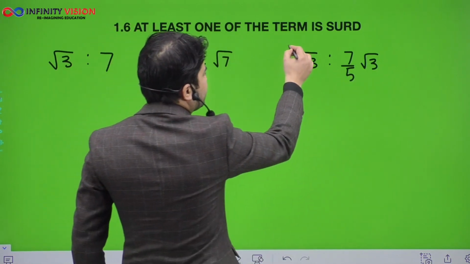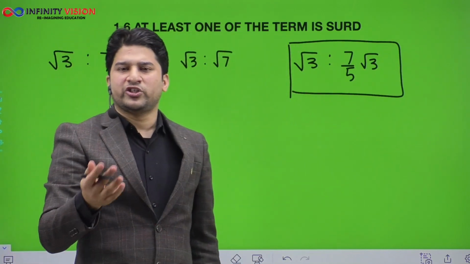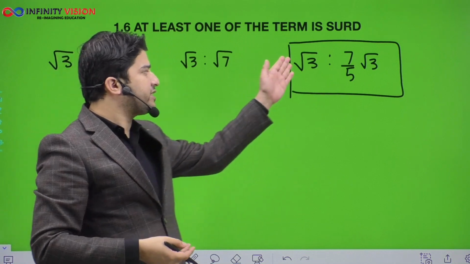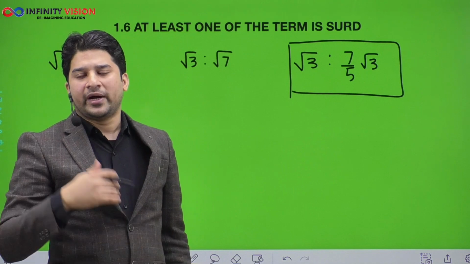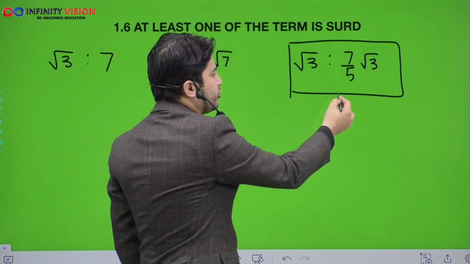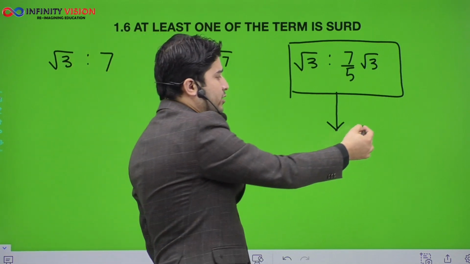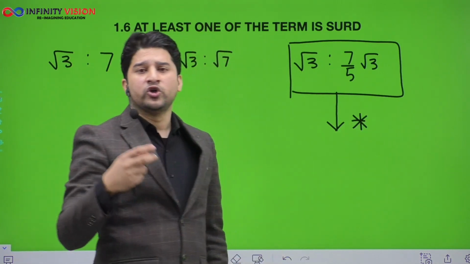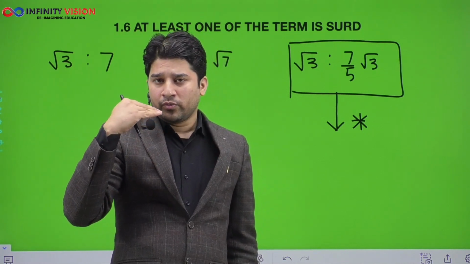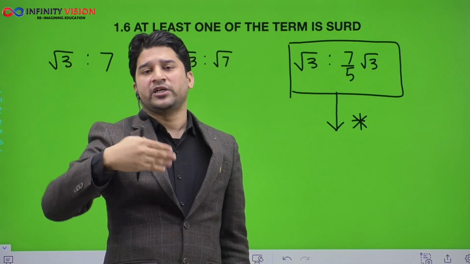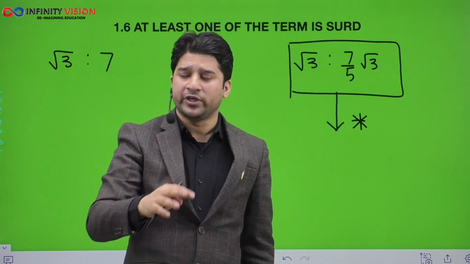When you see this type of case, you know that this is basically the ratio of two integers only, because the first irrational number would be able to cancel the other irrational number by a rational number. So you would be able to represent them as a ratio of two integers. So when the antecedent and consequent are irrational numbers, but one irrational number is a rational multiple of the other, then they can be reduced into the ratio of two integers.